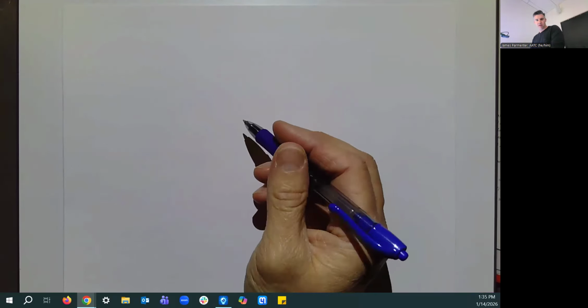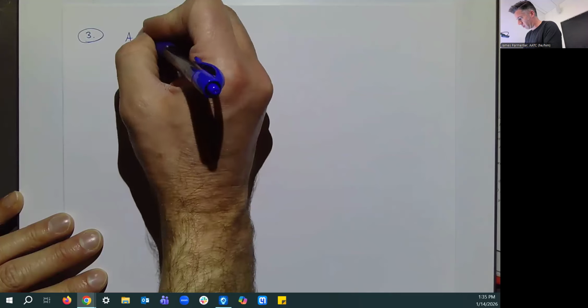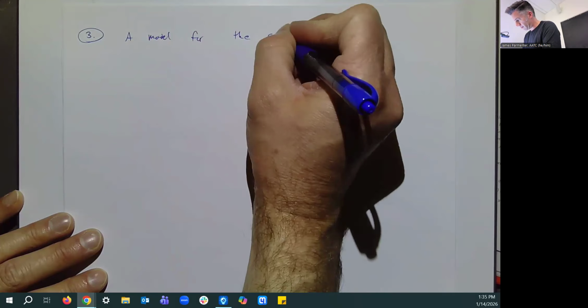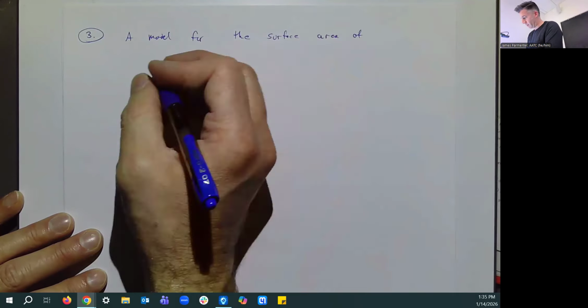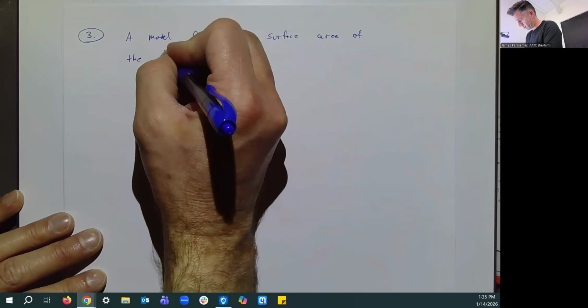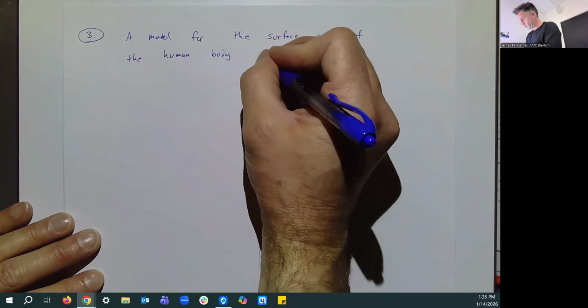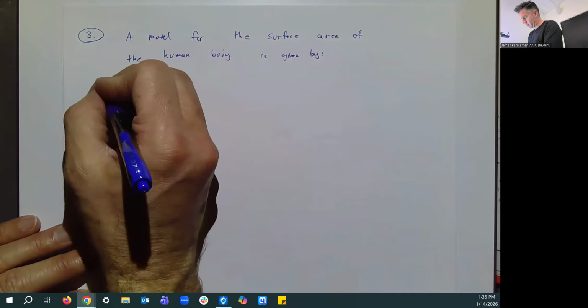Okay, sure. Let's look at this last linearization tangent plane problem, and then we will move on to talking about the chain rule. All right, so a model for the surface area of the human body is given by this function.